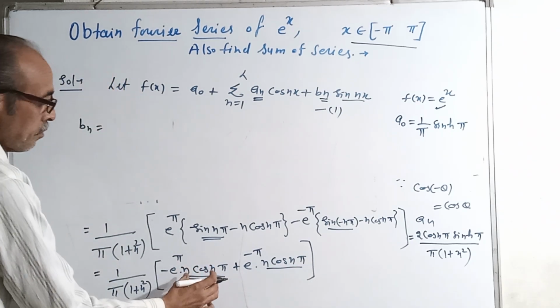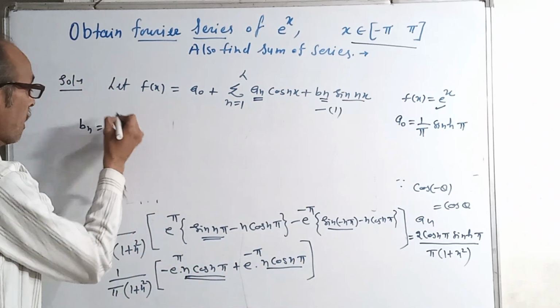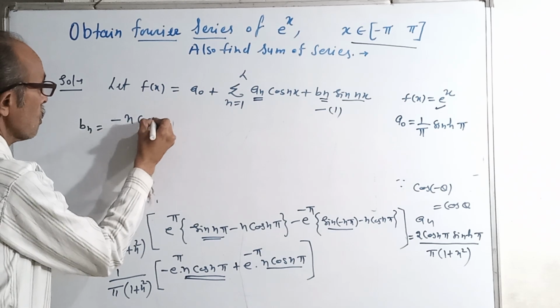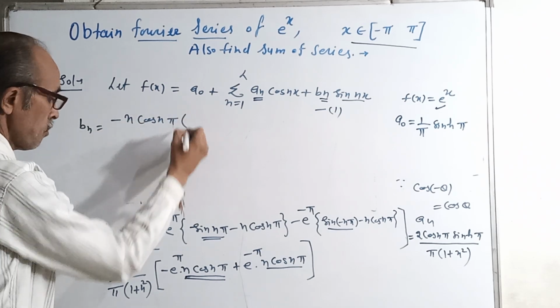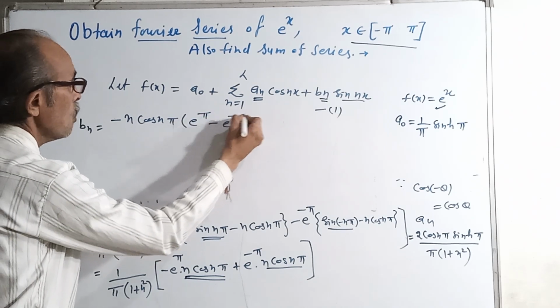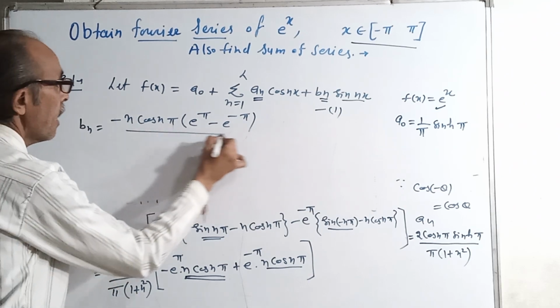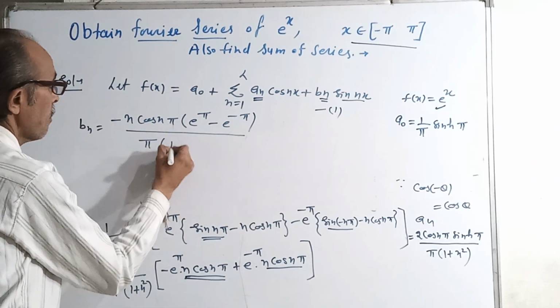Then we take common minus n cos(n pi). That is minus n cos(n pi) is common, then e^pi minus e^(-pi), the remaining term, divided by pi times (1 plus n squared).